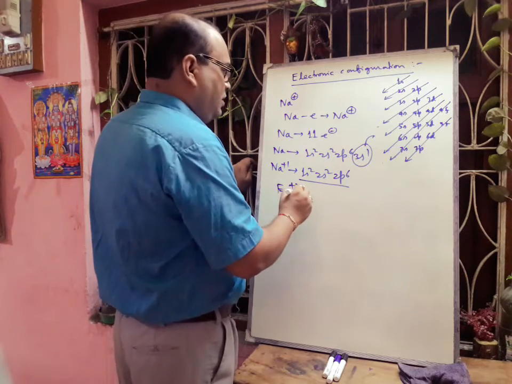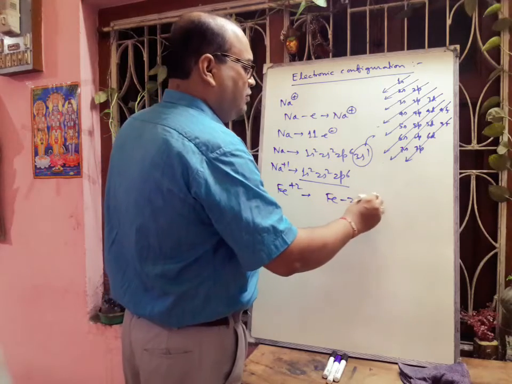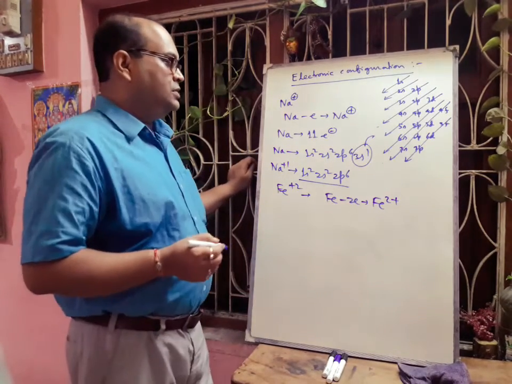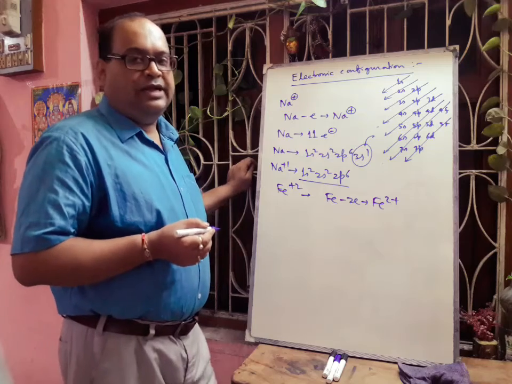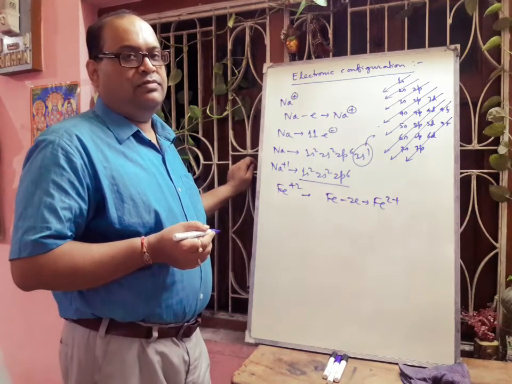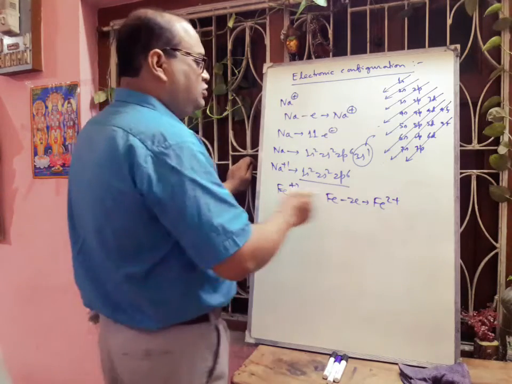In case of ferrous ion, it is generally formed when iron releases 2 electrons forming Fe2+. Now, what is the total number of electrons in case of iron? Can you tell me? That is nothing but 26. So iron has 26 electrons.